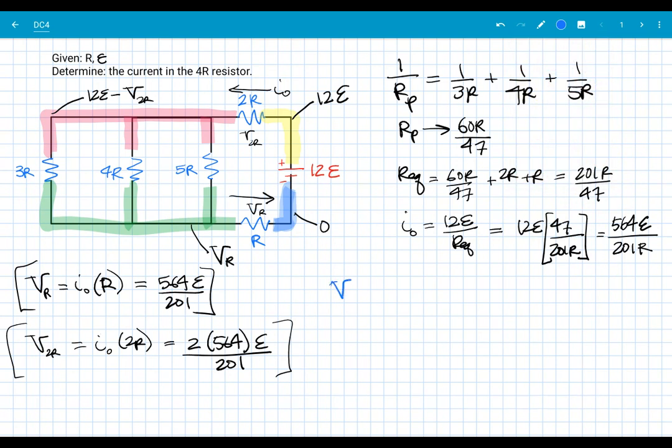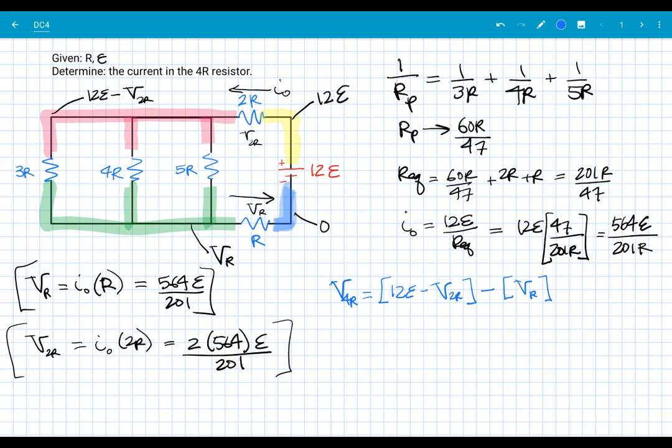The potential difference over the 4R resistor is then going to be basically red minus green. It will be red minus green. So what will that look like? It'll be 12E minus potential 2R, that's red, minus the green. Green is potential R elevation.